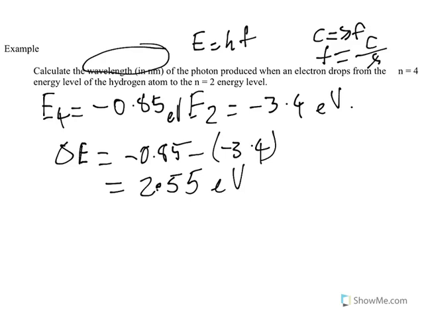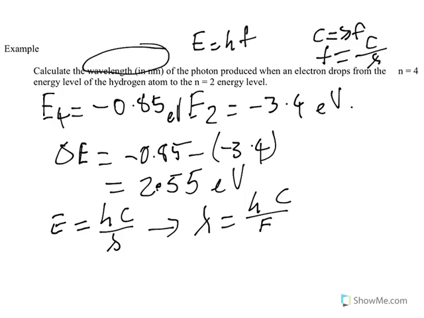So what we're looking at here is that the energy equals hc on lambda, and if we rearrange that, multiply both sides by lambda, divide by E, you get that the wavelength is hc on E.